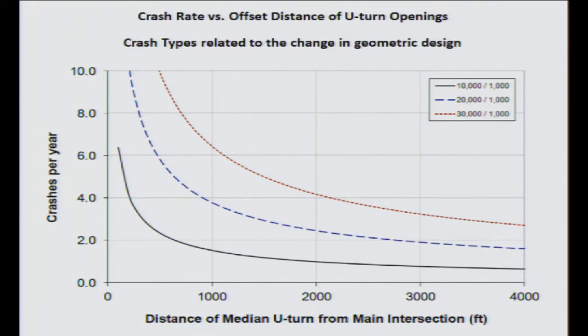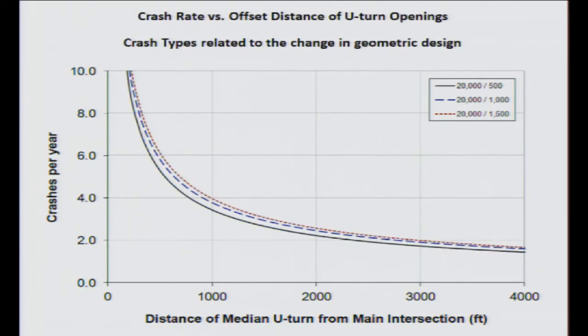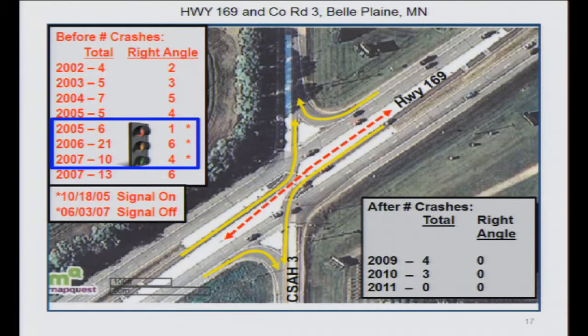Because some people say, why do I have to travel an extra mile to come to this location? Is it worth it? And this shows it is worth it. And this is another situation: if your traffic volume is not very high and you try to improve the intersection with a traffic signal, this is what you end up with.